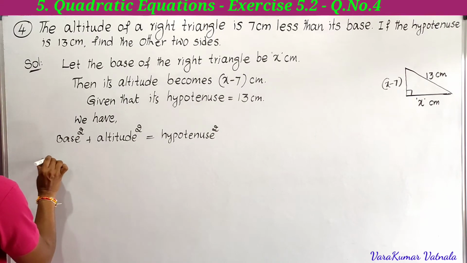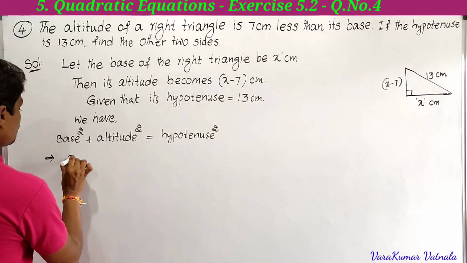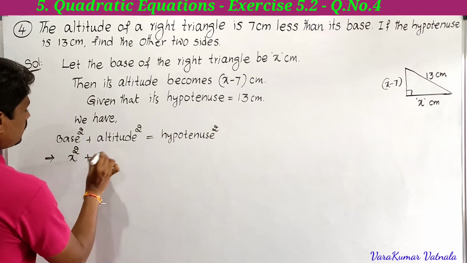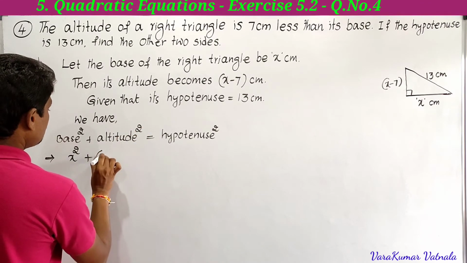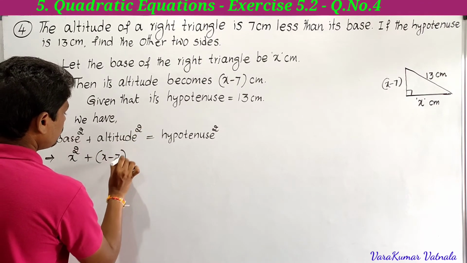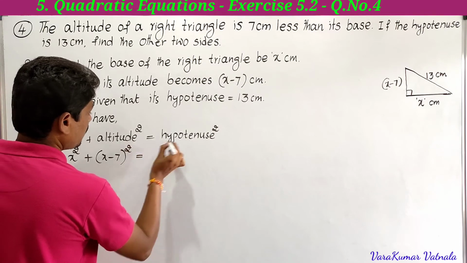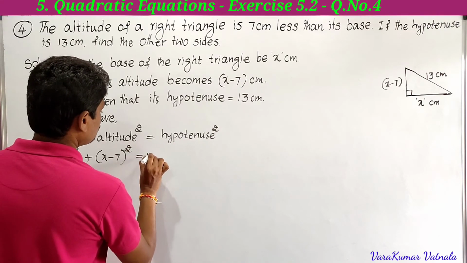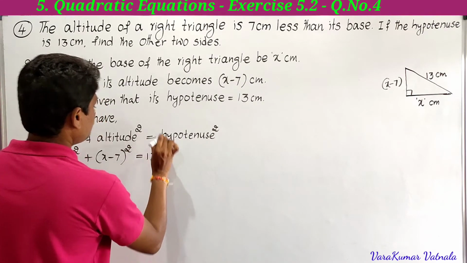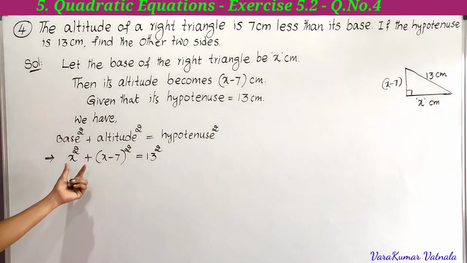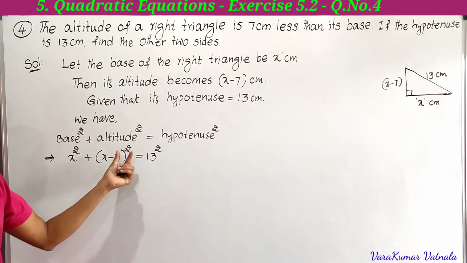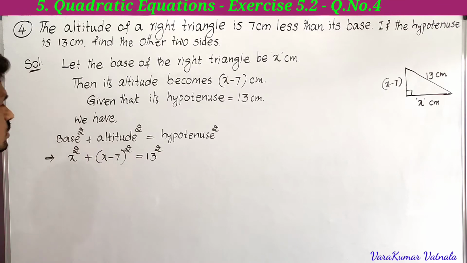Here base is x, so base square becomes x square. Altitude is x minus 7, so altitude square becomes x minus 7 whole square. Hypotenuse is 13, so hypotenuse square becomes 13 square. So we have x square plus x minus 7 whole square equal to 13 square.